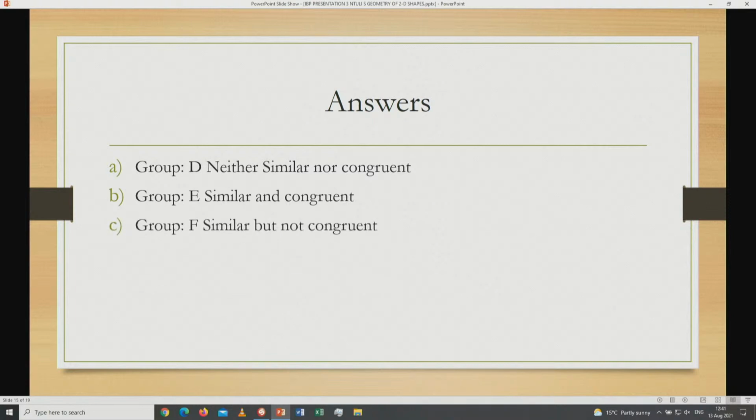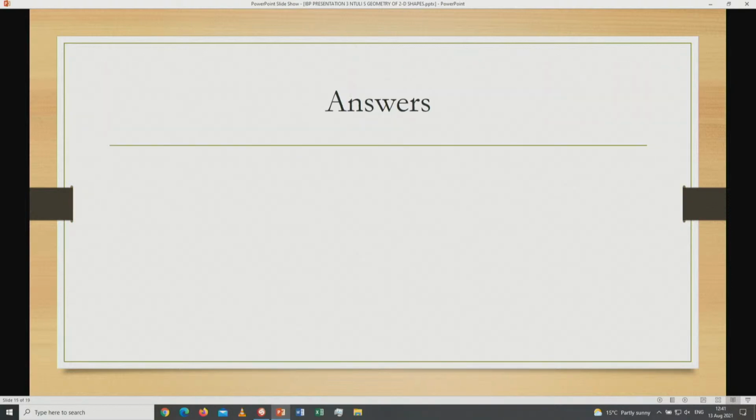Group F, they were similar, but not congruent. And I could not find group G there, guys. It came as a mistake. So we could not place group G there.